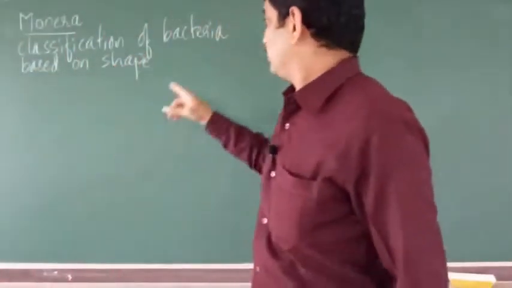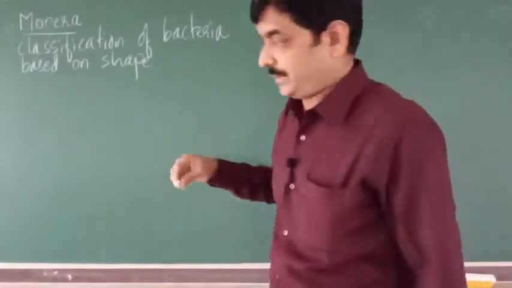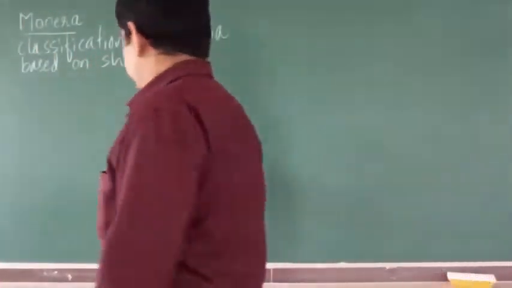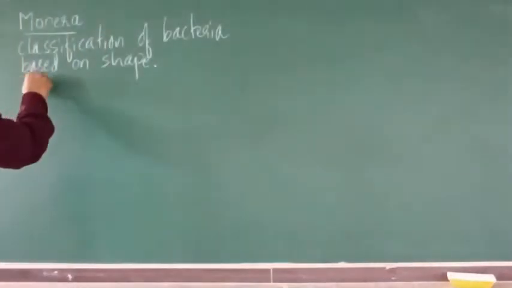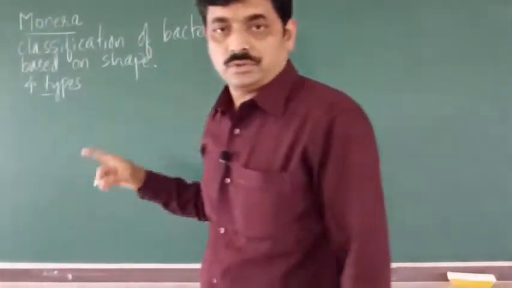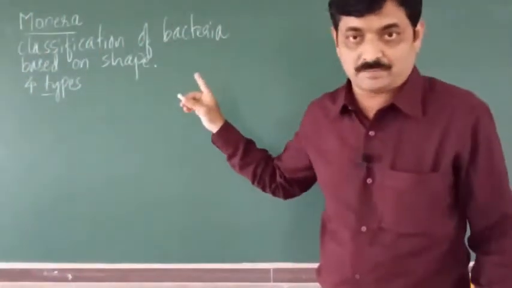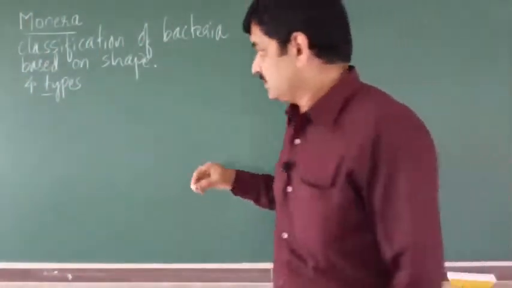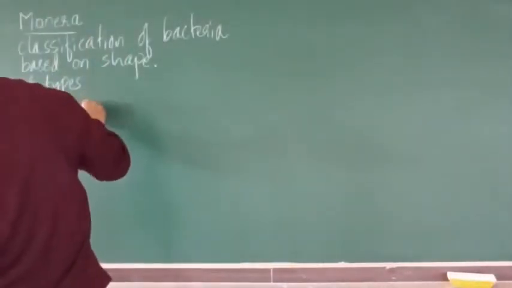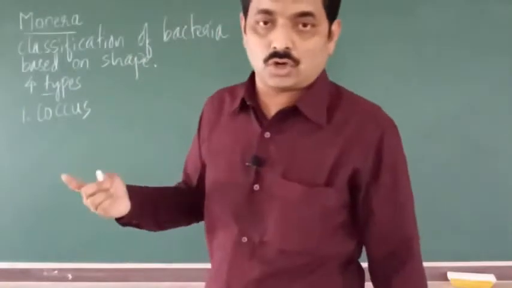Right? So classification of bacteria based on their shape. Bacteria are classified into 4 types based on their shapes. The first type is coccus.